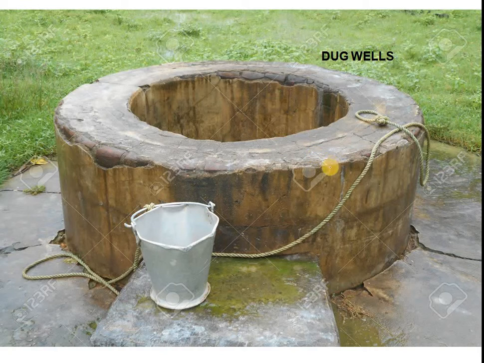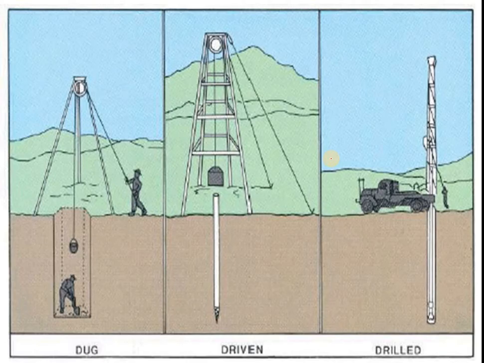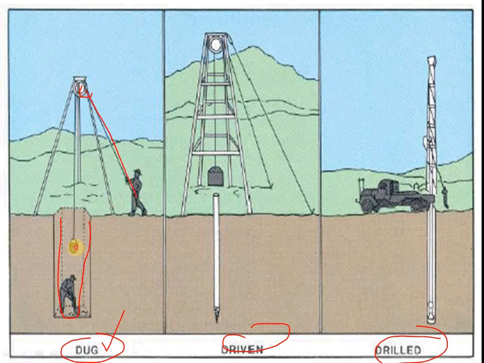So this is the dug well. This is a common well which we can see everywhere in India, in villages most probably. And next are dug, driven and drilled wells. As the name itself says, the dug well is made by digging the soil manually with a chain, taking the soil with a bucket and pouring it outside.